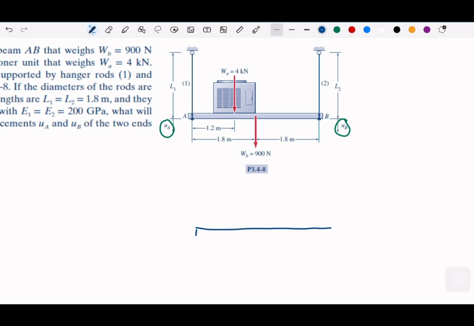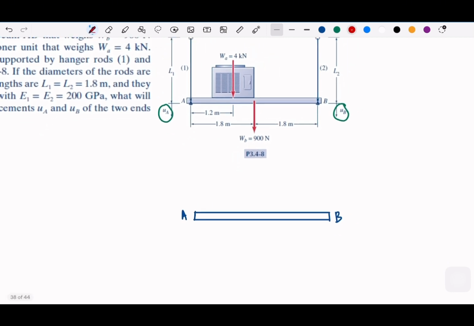So let's draw the beam AB. This is A, and this is B. Suppose that we have the weight, this is in the middle. Let's say this is WB, 900, and this will be WA, 4 kilonewton.